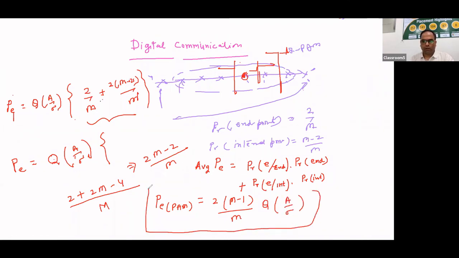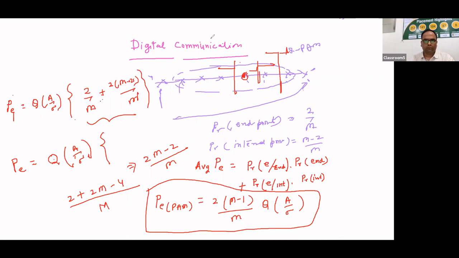And now again you can substitute the value of sigma here, and if this is white noise, then you can write sigma is equal to under root N0 by 2. So we can use that formula here, right?